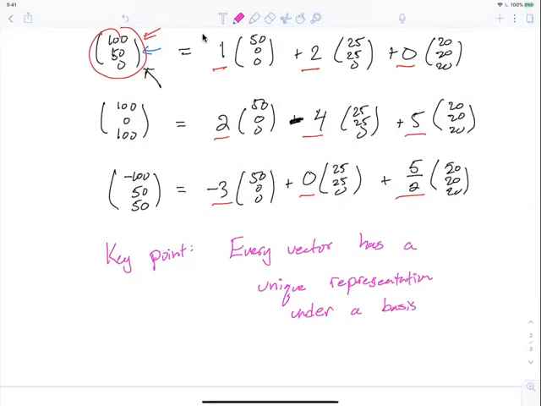So if you change the basis, of course the representation is going to change. But by representation, we mean that it tells us exactly how many of each party pack, or how much of each basis vector, you're going to include to add together to get the vector you want, to get the combination you want. So this is a key point. This is why we care about a basis. There's a unique way to get every point that you want.